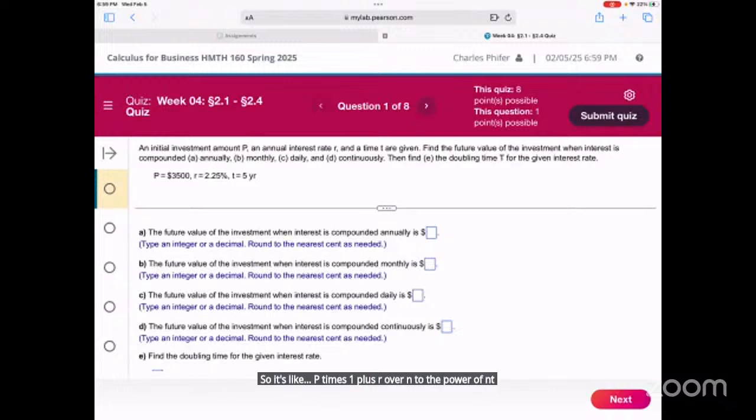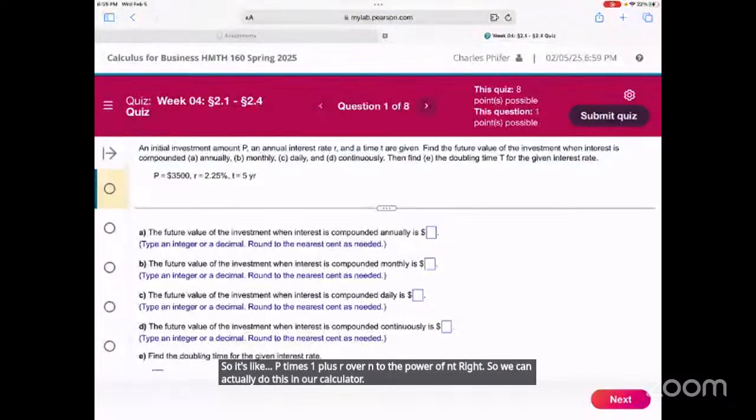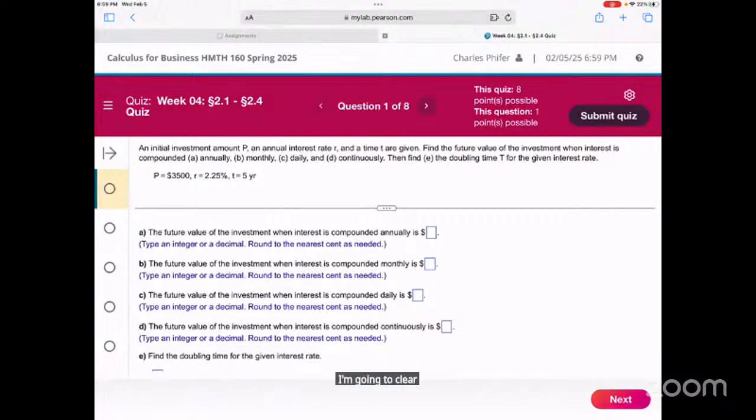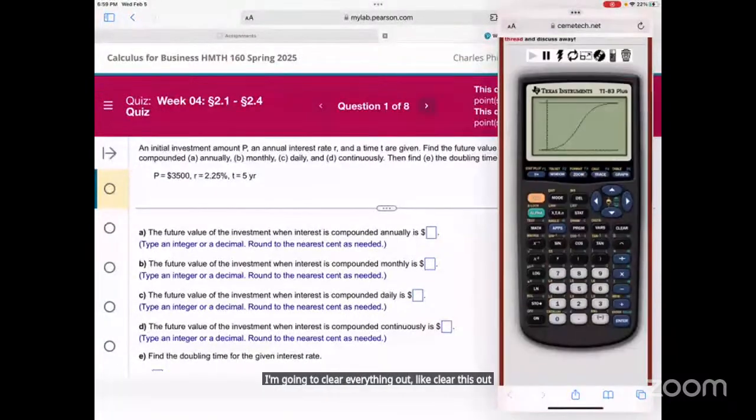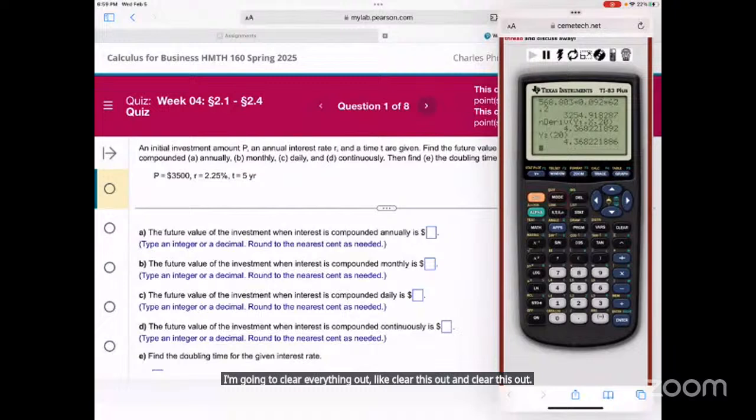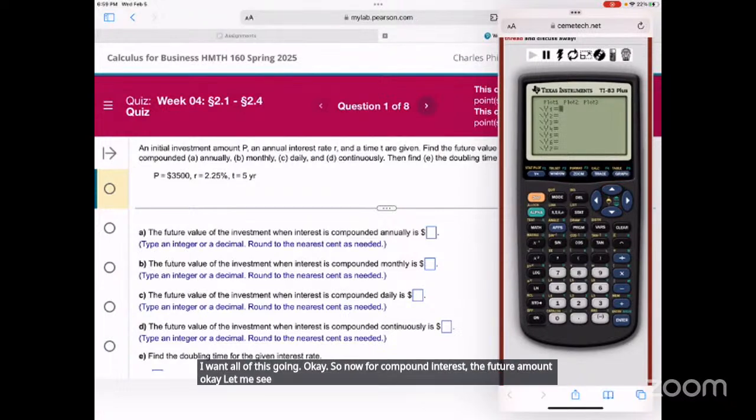So we can actually do this in our calculator. I'm going to clear everything out. I want all of this gone. Okay, so now for compound interest, the future amount: a principal, which is the 3,500, times 1 plus the rate.